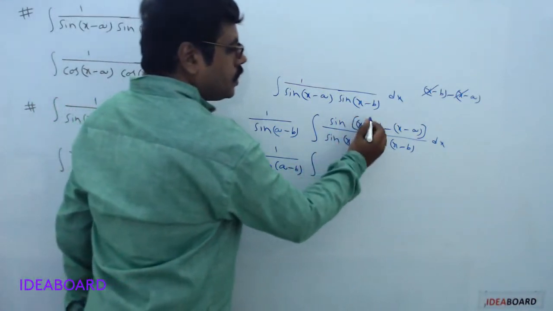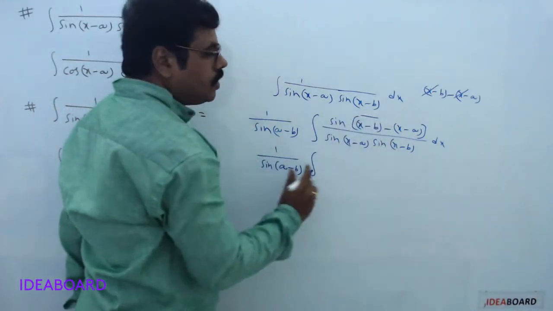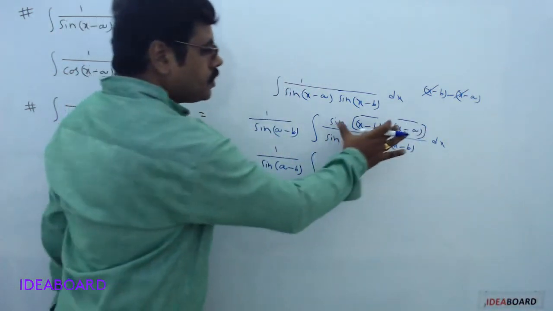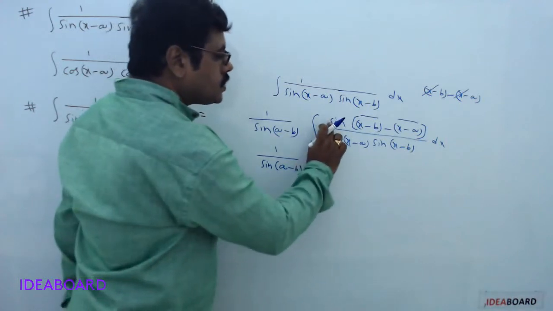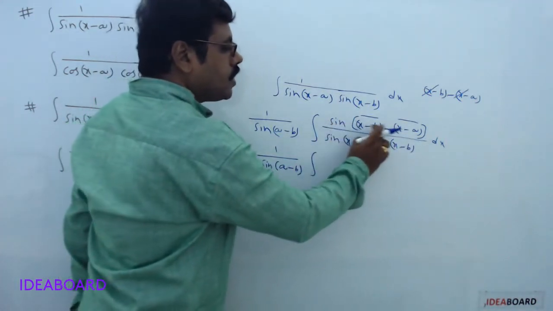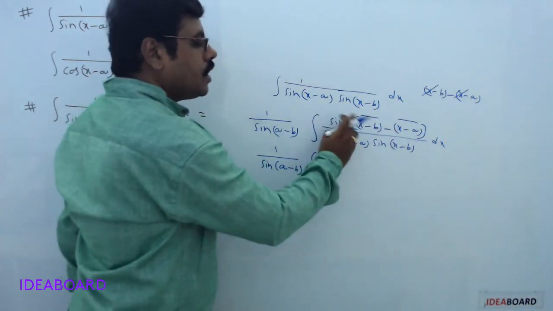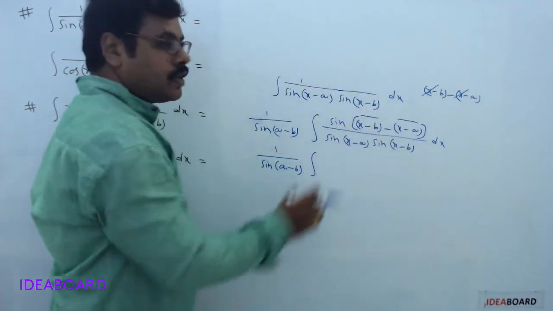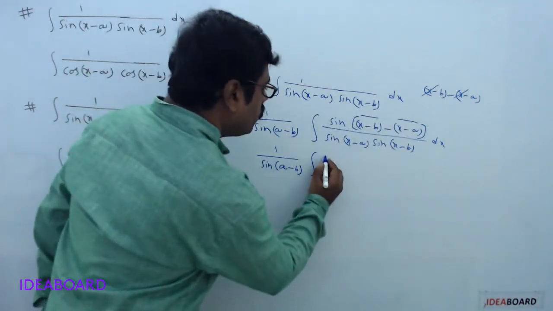Now consider x minus b as a and consider x minus a as b. This numerator is of the form sine of a minus b. What is the formula of sine of a minus b? Sine a cos b minus cos a sine b. Use that formula on the numerator.